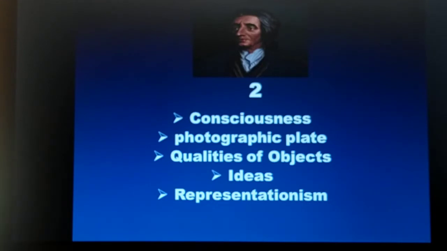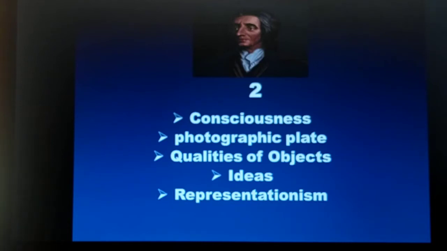We know consciousness. Then, how does John Locke express consciousness? Consciousness is like a photographic plate on which external things are represented.